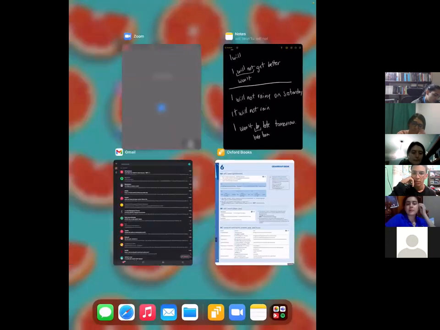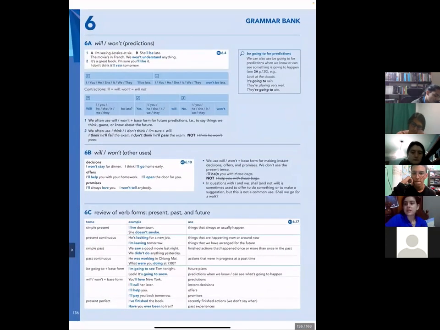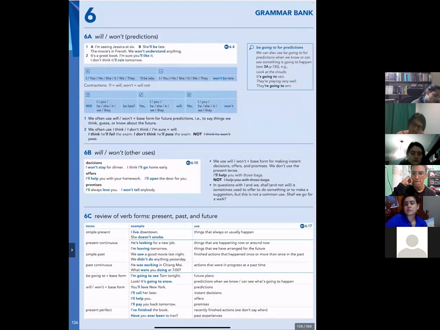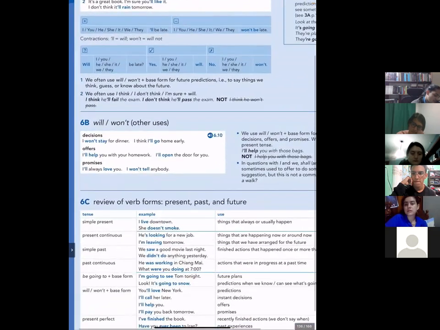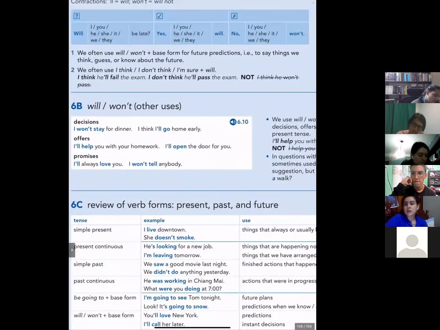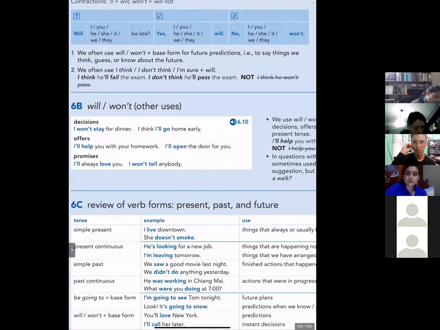Okay, in that case, let's move to will and won't for other uses, which is pretty much very simple. Yes, tell me. Can you repeat the difference between going to and will for a prediction? Sure, absolutely, Danny. We use will when we don't have much information about the event, when we are guessing or, let's say, kind of inventing.